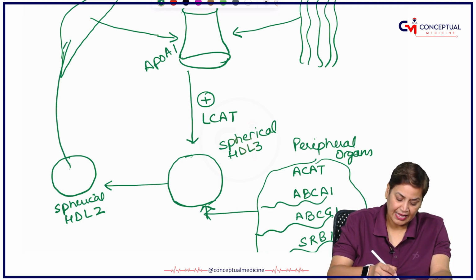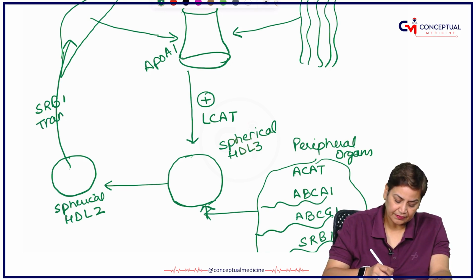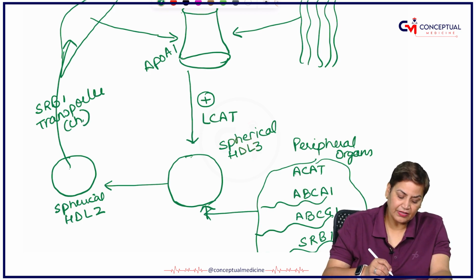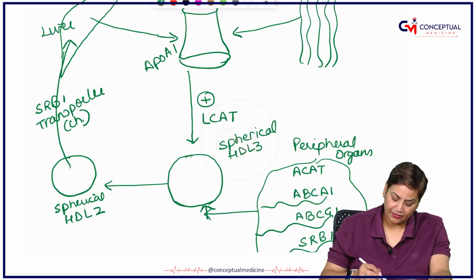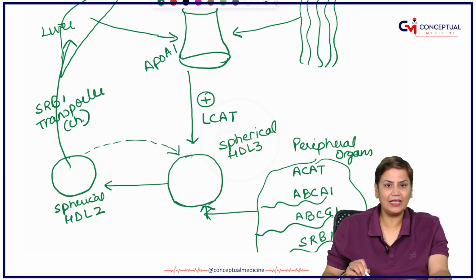Now whatever amount of cholesterol is there here will be accepted by an SRB transporter. So the SRB transporter will accept cholesterol esters and send them to the liver, where it will be converted back to this. Again LCAT, and this will give to this spherical HDL again.